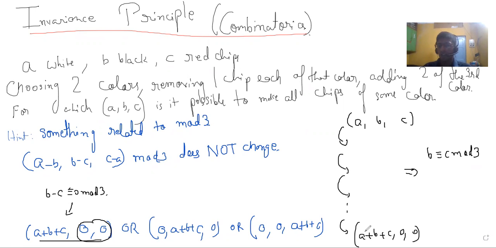Well, actually nothing, right? Initially, just with this difference, the first and the second coordinates of the final numbers is A plus B plus C mod 3. And the first and the third coordinates is also A plus B plus C mod 3. So what does it say about the initial numbers?